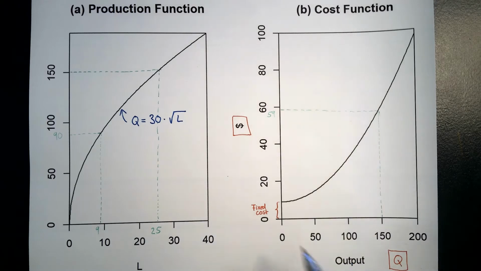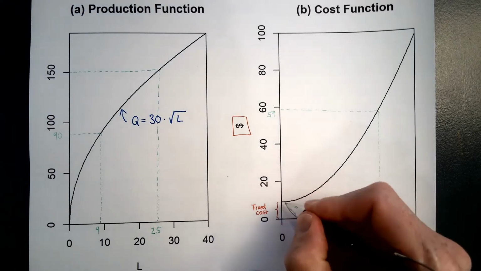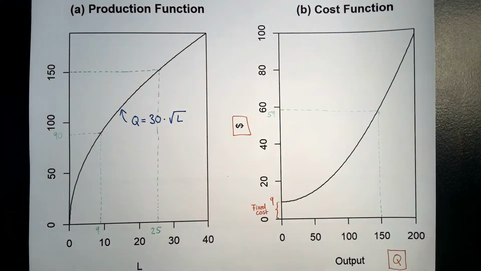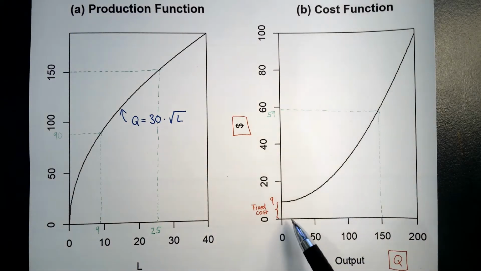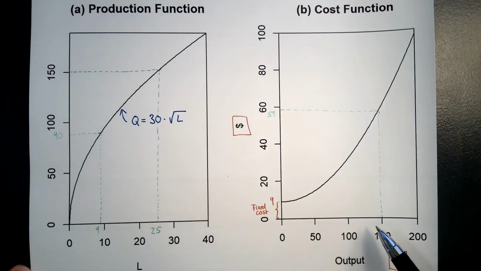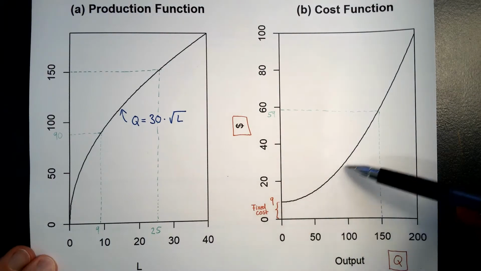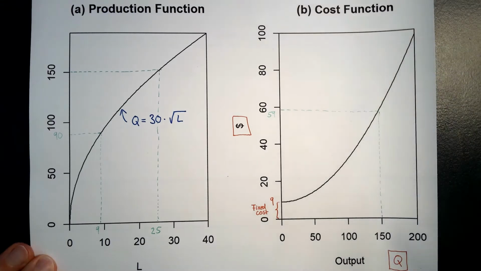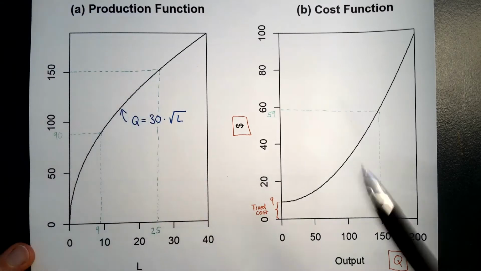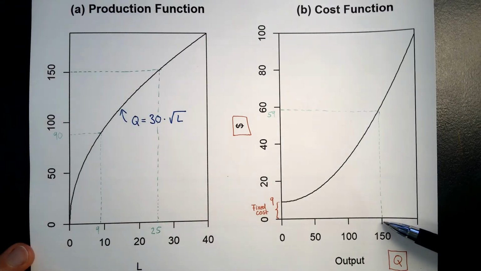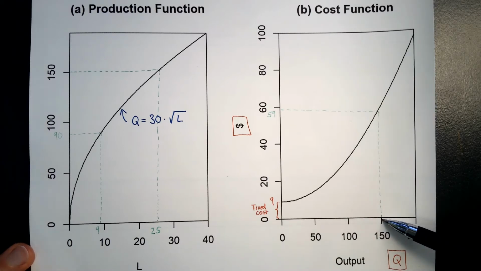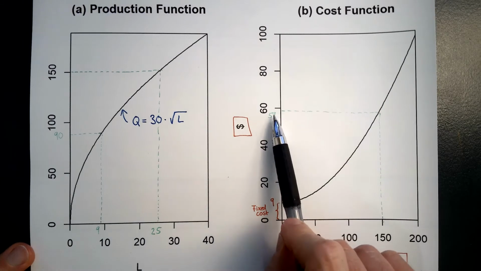So for example, even if we have an output of 0, we still have to cover the fixed costs that were 9 in our case. Okay, so here we have 9. But then if we are increasing our output, we can see that the total cost is increasing as well. Okay? And so, for example, if we have an output of 150 units, then the total cost associated with that output was $59.